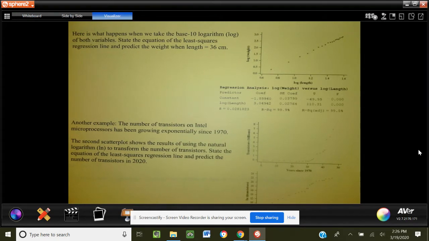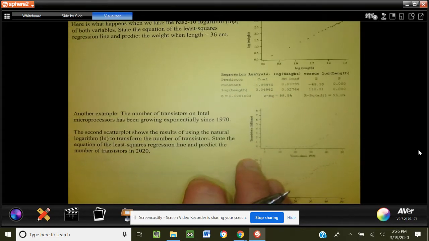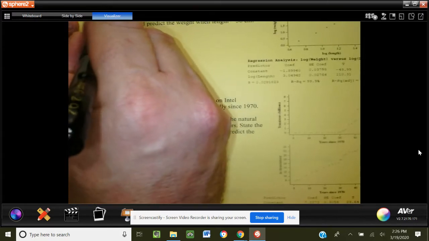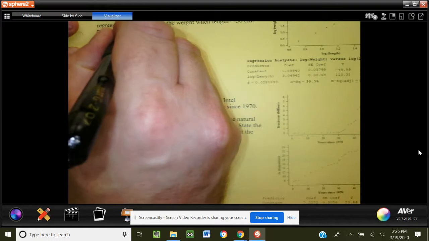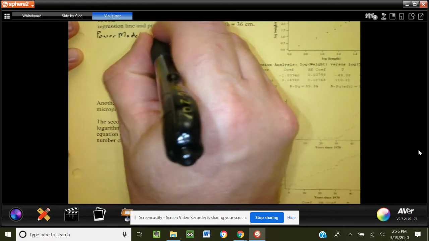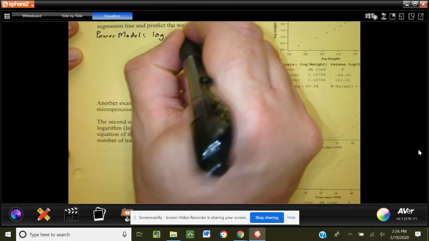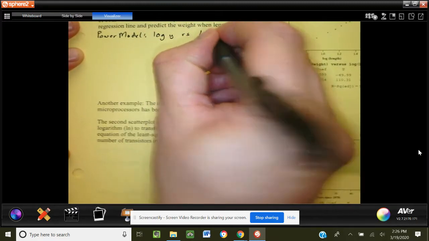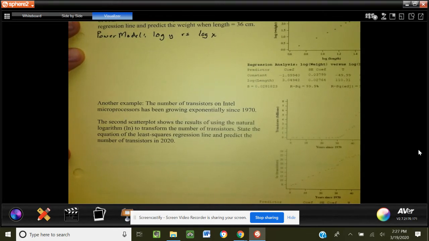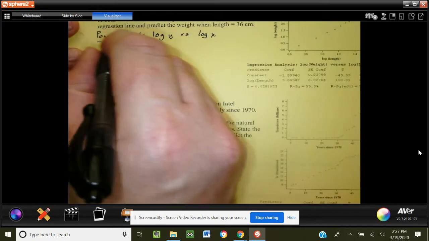Okay, so let me write that first, because when you're doing a power model, or when you think a power model is the best choice for your curved relationship, then do log y versus log x. And when I say log, it could be log or it could be ln, natural log. We use those obviously because those are buttons on our calculators. So for a power model, this is what you want to use.